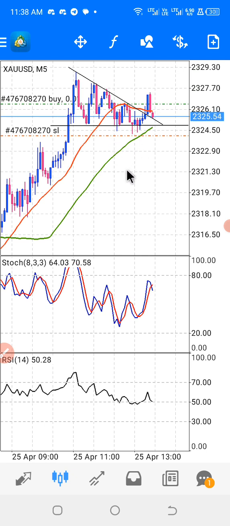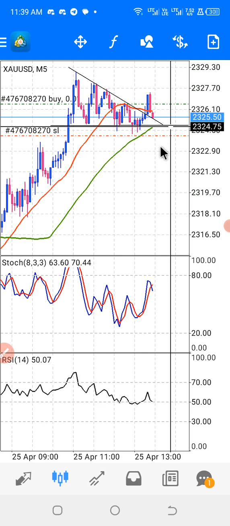Okay, so it depends how you also place this trend line. I could actually bring it to make it look like a wedge, somehow like this, but my stop loss will still be where it is. Let me show you what I mean, guys.